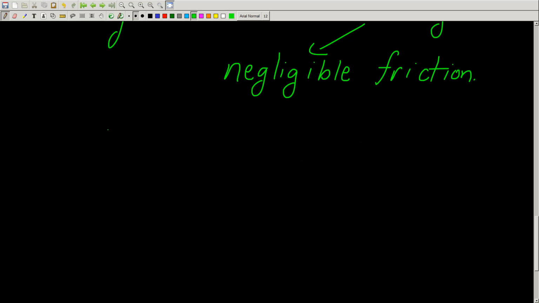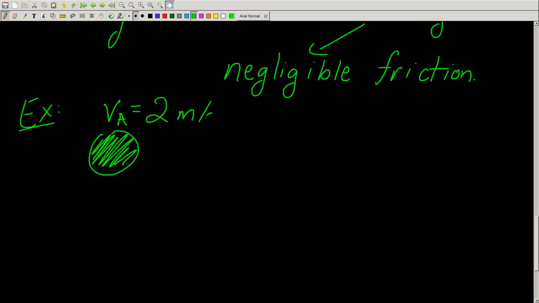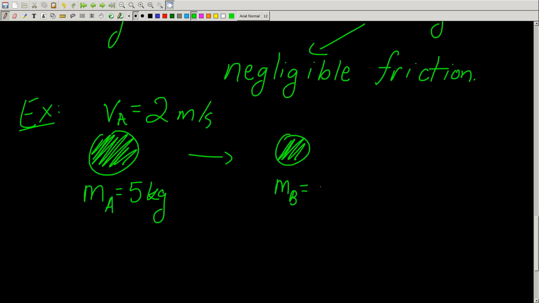So like, for example, I've got a ball. Okay, this is an example. I've got a ball moving forward at 2 meters per second. Its mass is 5 kilograms. It encounters a ball B at rest, but ball B is 2 kilograms, and ball B's velocity is 0, so it's at rest.